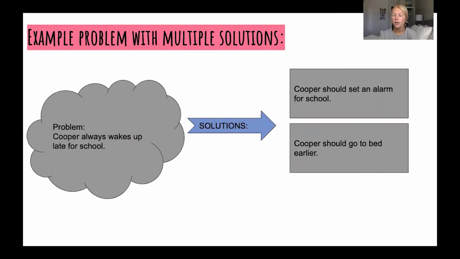And another solution is Cooper should go to bed earlier. So for this problem, there are two possible solutions. There could even be more solutions. But this is an example of a problem with multiple solutions. If Cooper's waking up late for school, he should set an alarm. And if Cooper's waking up late for school, he should go to bed earlier. Two solutions for one problem.